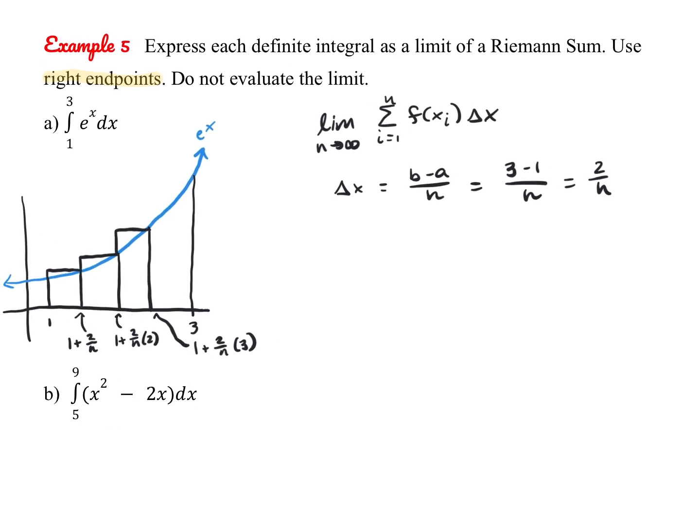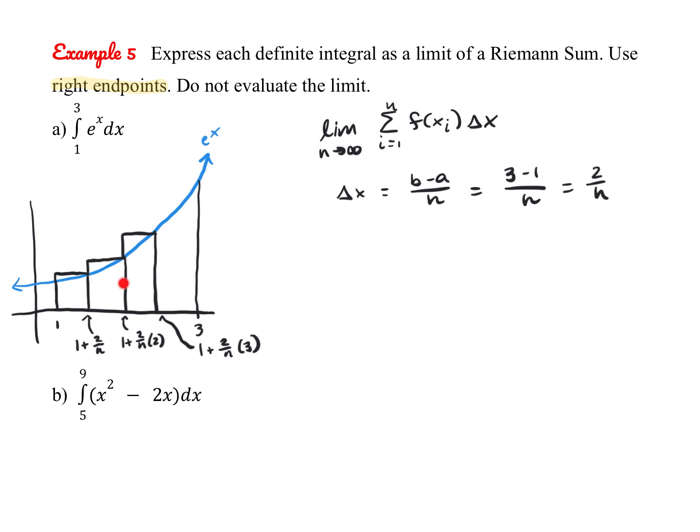The way to denote that is, as we progress through each rectangle, we multiply 2 over n times i. Whatever your i value is, that's how many widths we're going to add. So when we write our Riemann sum, we say the limit as n approaches infinity, from i equals 1 to n, of f of 1 plus 2 over n times i.